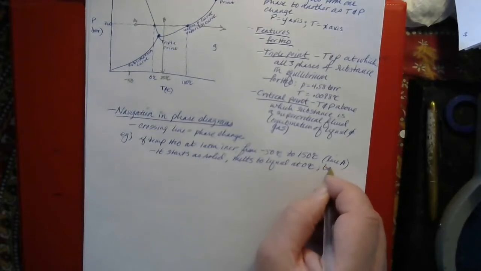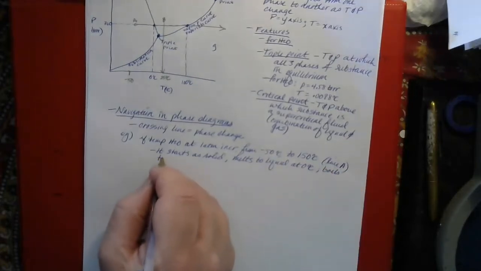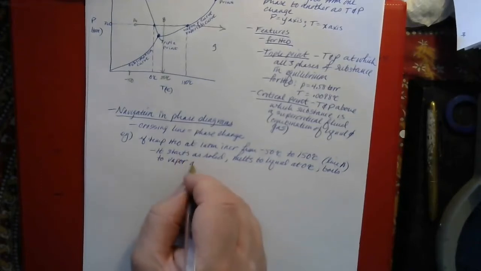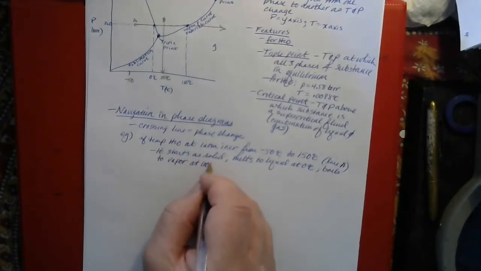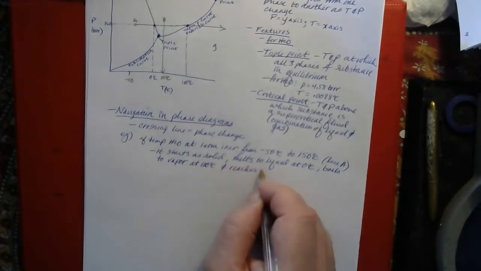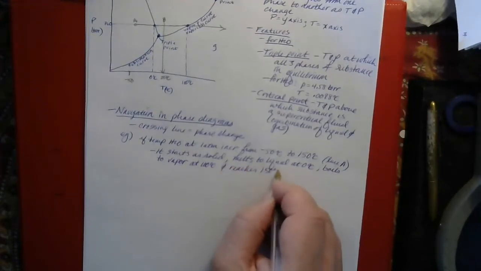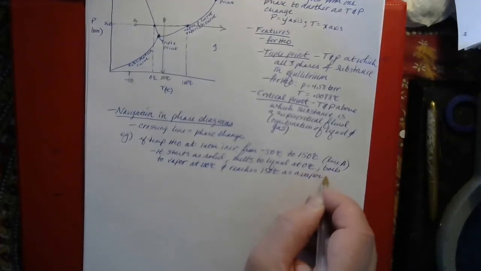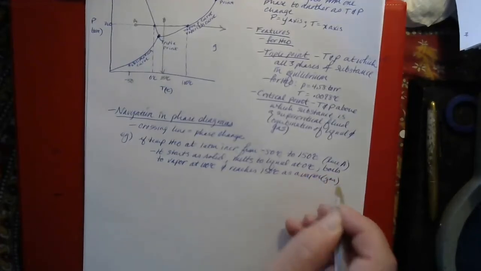And then boils to a vapor at 100 degrees Celsius. And it reaches 150 degrees Celsius as a vapor. Or in other words, gas.